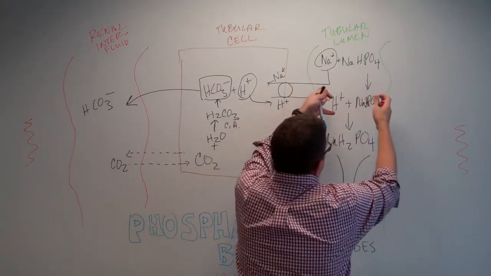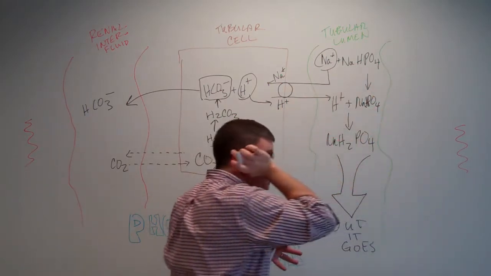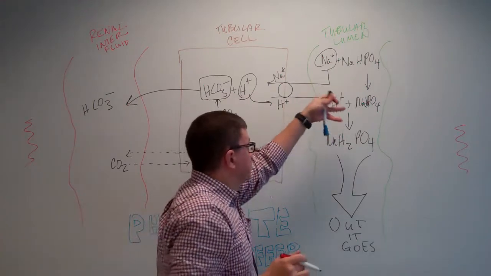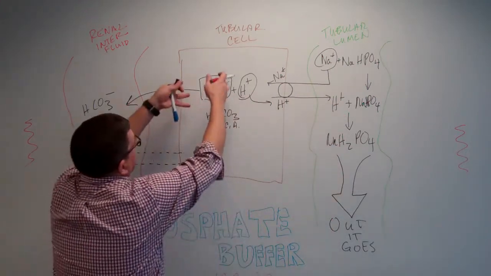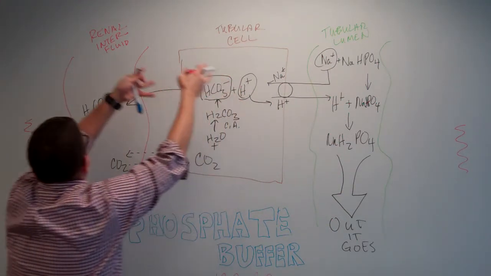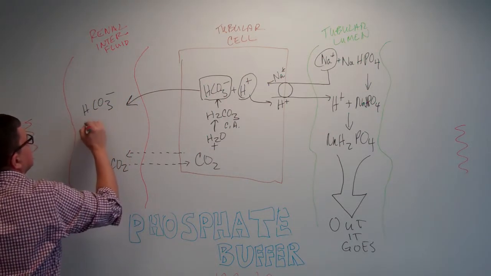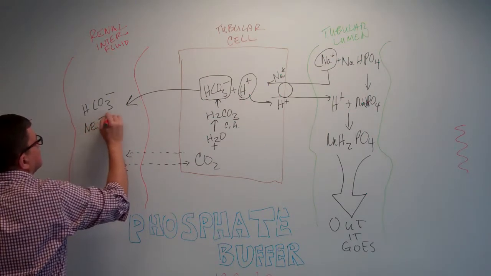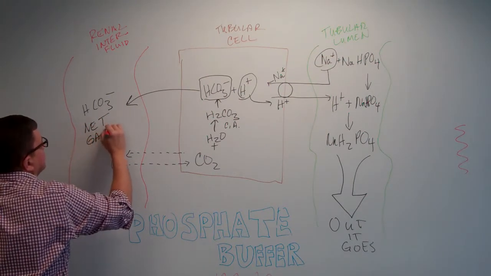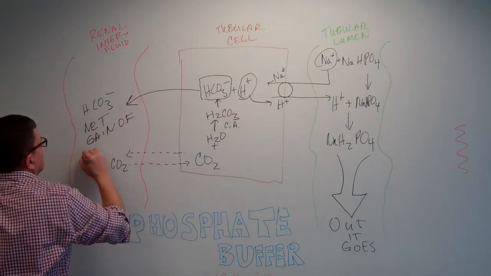It's actually being absorbed by the sodium hydrogen phosphate, so it heads out this way. However, we have the bicarb here in the tubular cell that gets reabsorbed into the renal interstitial fluid. And what's the benefit? To the body, this is a net gain of bicarb.